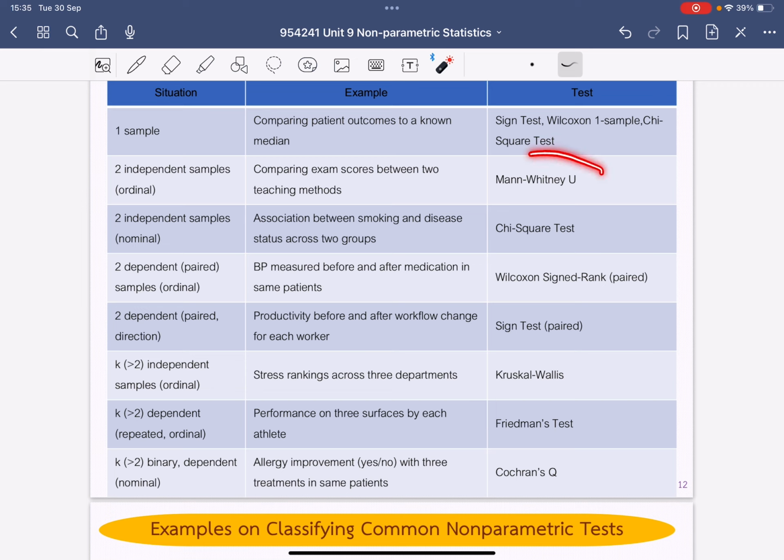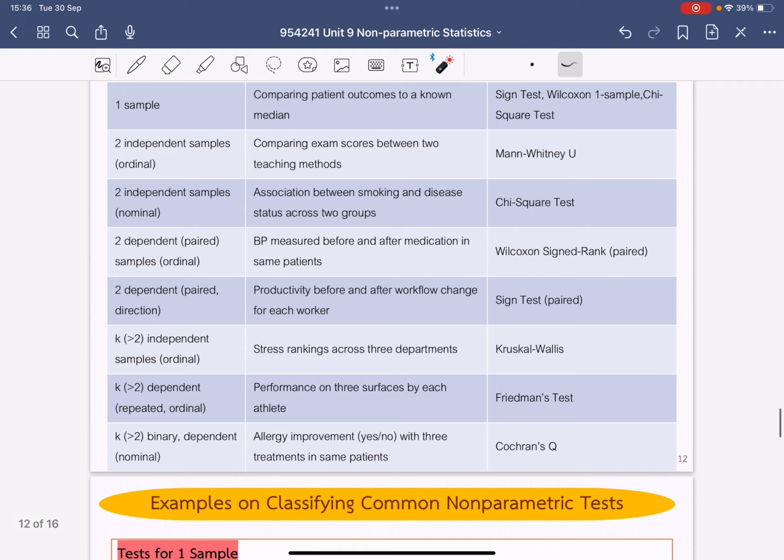Then you need to use this test, Mann-Whitney U. This is for ordinal data. For two independent samples with nominal data, where there is no order, you want to test the association between smoking and disease status, then you use the chi-square test.